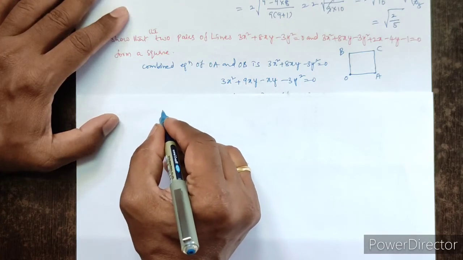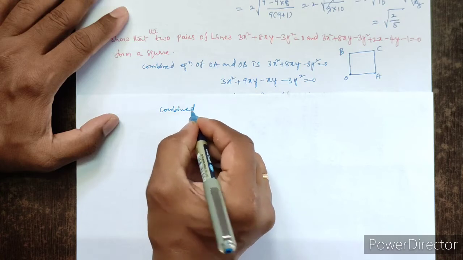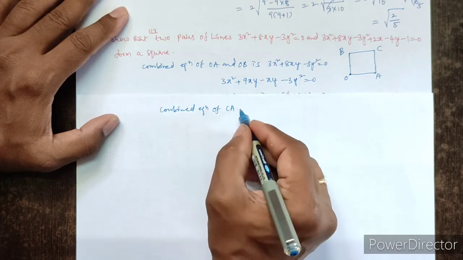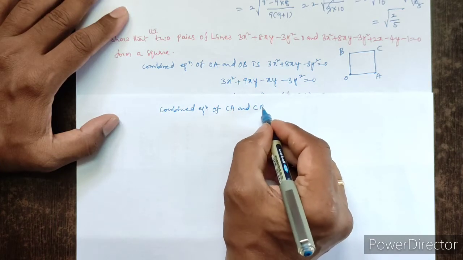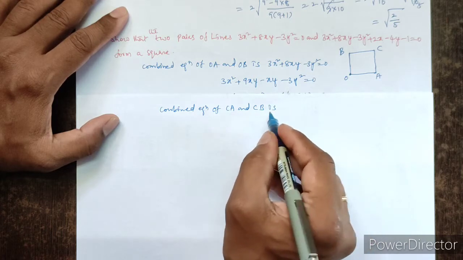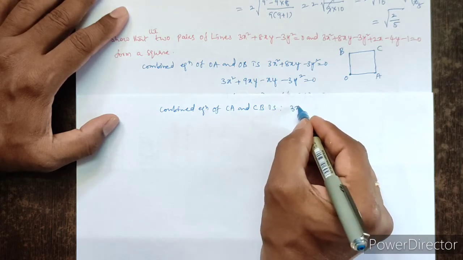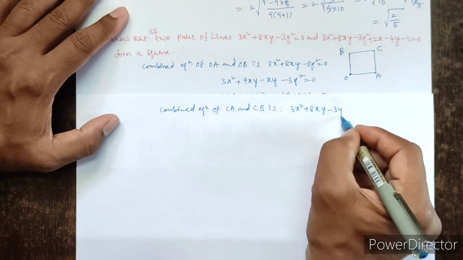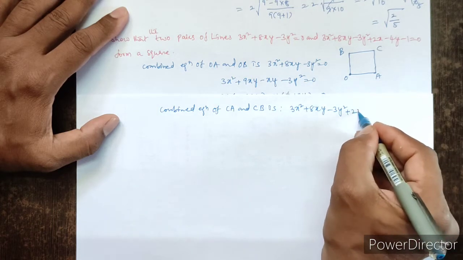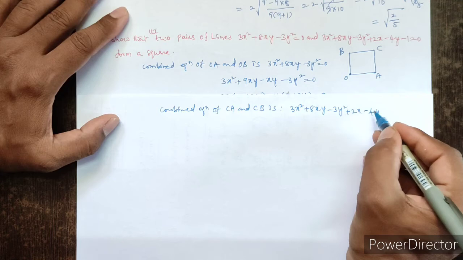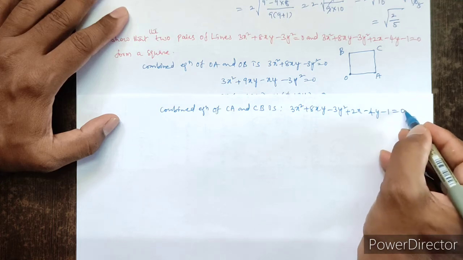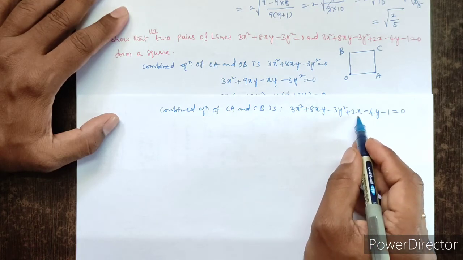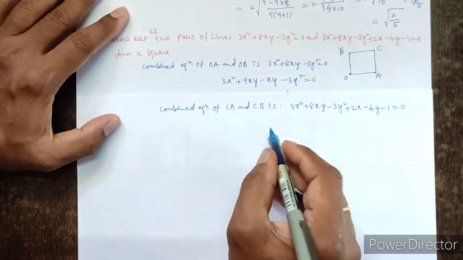Combined equation of CA and CB is 3x square plus 8xy minus 3y square plus 2x minus 4y minus 1 equal to 0.